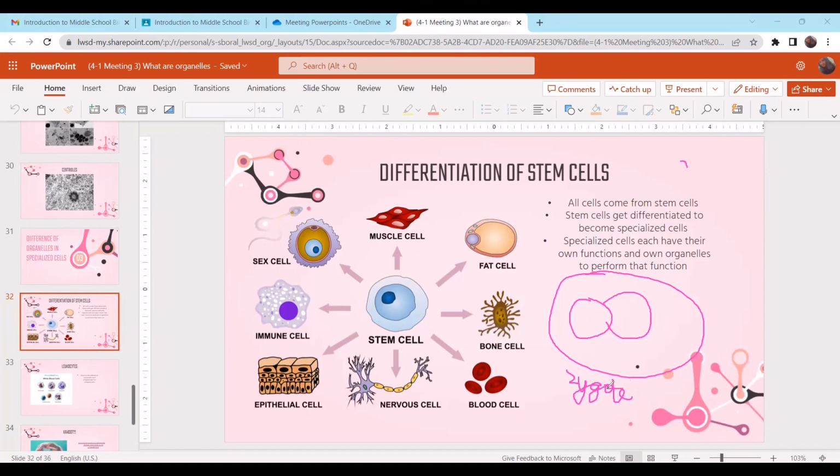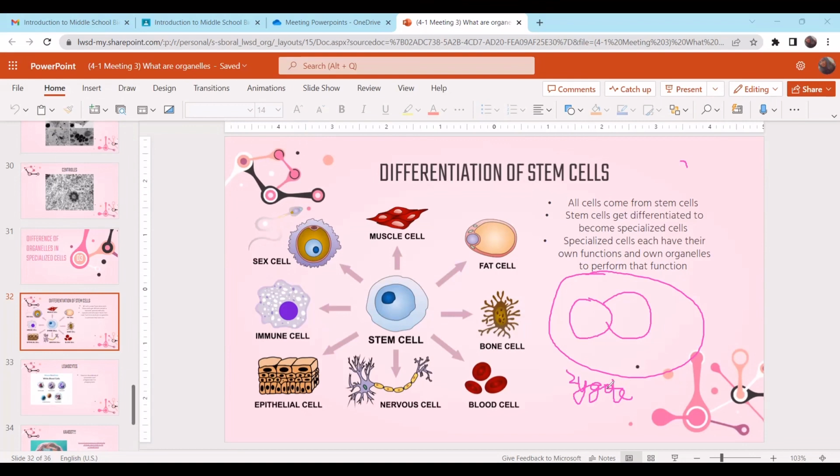It's just there. They go through a process called differentiation, which takes these stem cells and basically tells them, oh, you're going to be this type of cell. You're going to be a heart cell. So I'm going to give you this heart cell function. That means you're going to have organelles, the structure, everything in particular for a heart cell.